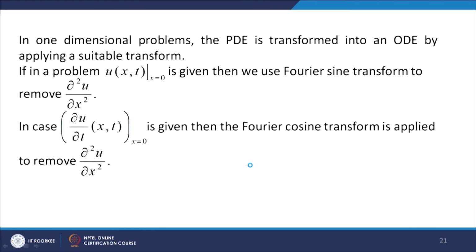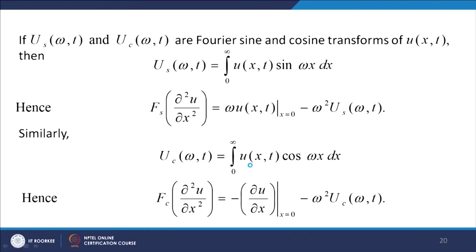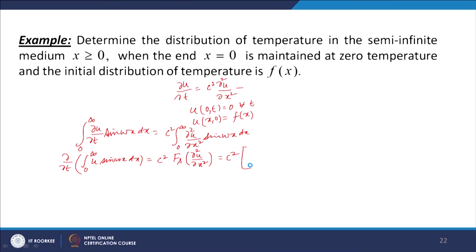We can then use the formula: c square times the Fourier sine transform of u_xx. We have seen it is minus omega u(x,t) at x equal to 0 minus omega square u_s(omega,t). So, we can put the value: omega times u at x equal to 0 minus omega square u_s(omega,t). The value of u at x equal to 0 is given, it is 0.